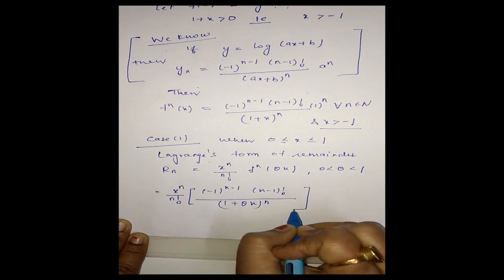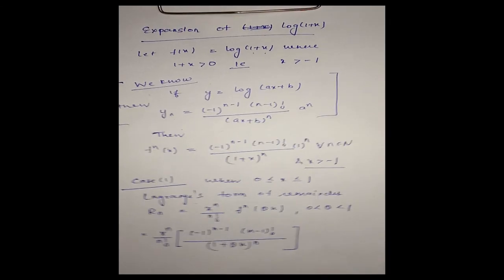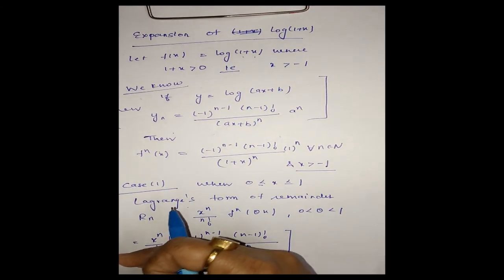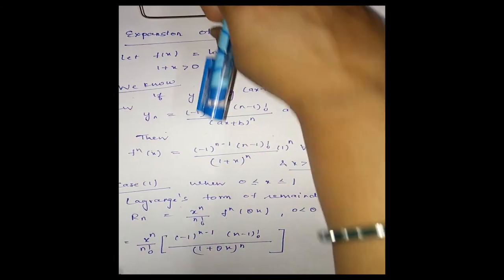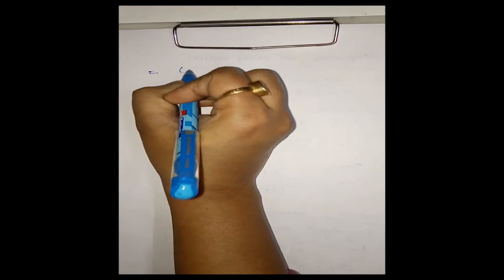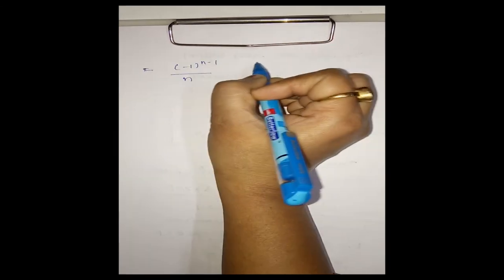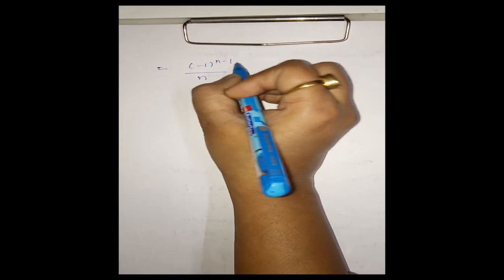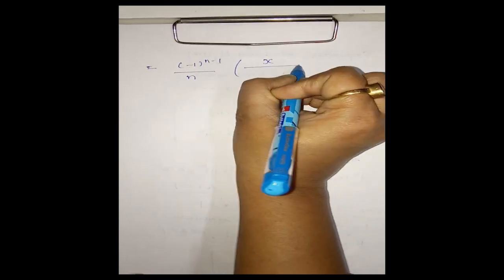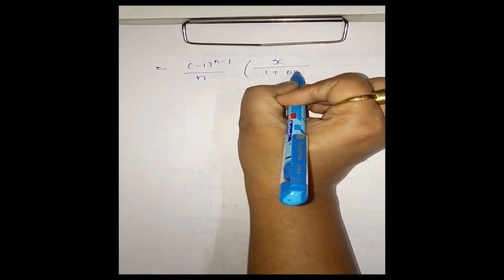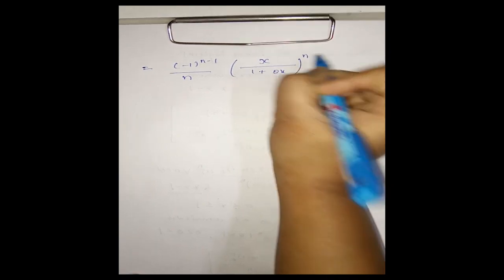Okay, this is now equal to (minus 1) power n minus 1 divided by n into x by (1 plus theta x) power n.